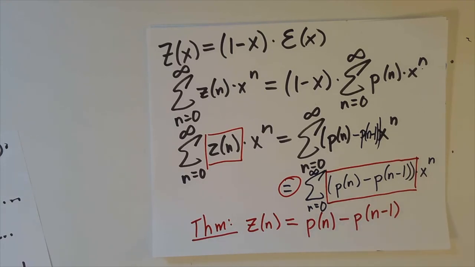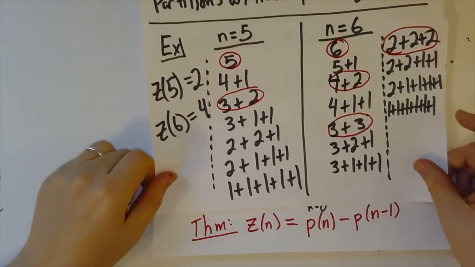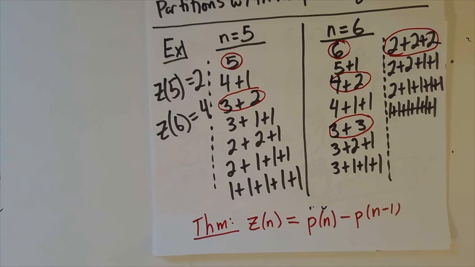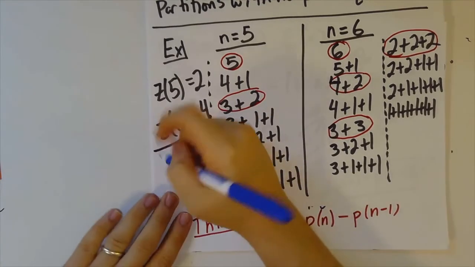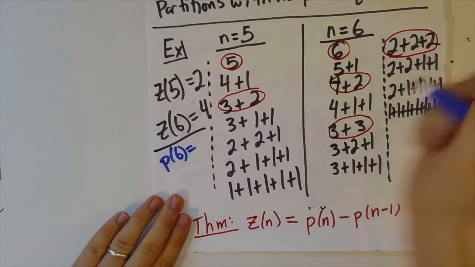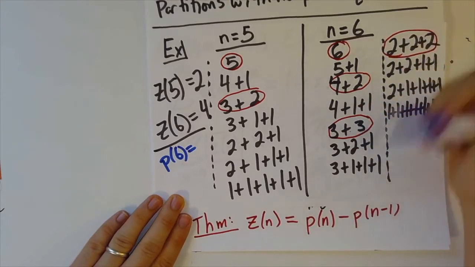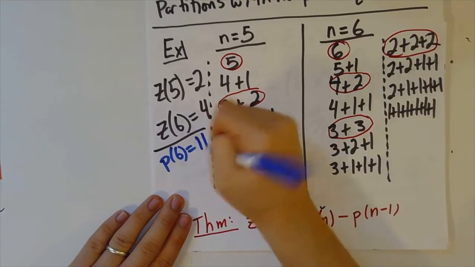Okay. So let's just look at this theorem that we just proved in this specific case, just to convince ourselves that it really works. Okay, so you can calculate here that p(6), actually I'll use blue just so that you can see the new thing I'm writing. p(6) is 1, 2, 3, 4, 5, 6, 7, 8, 9, 10, 11.